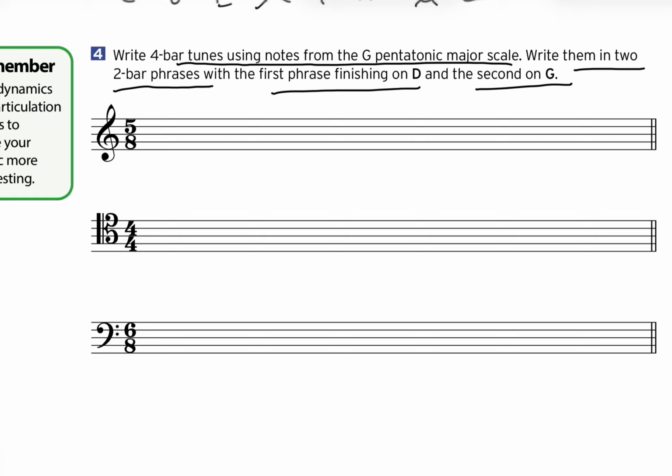So first of all, we should see what notes we have to write down for our notation, and what notes should be there in G pentatonic major scale. So let's do it here.